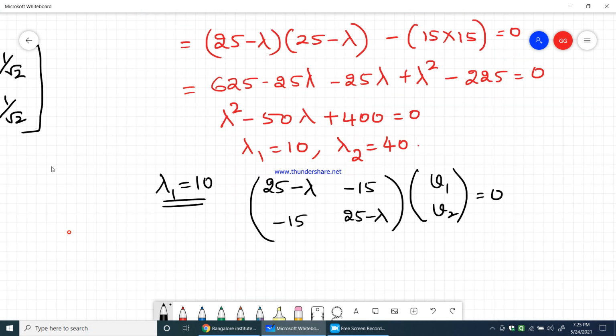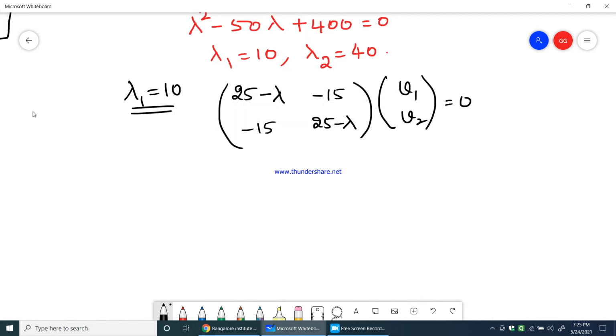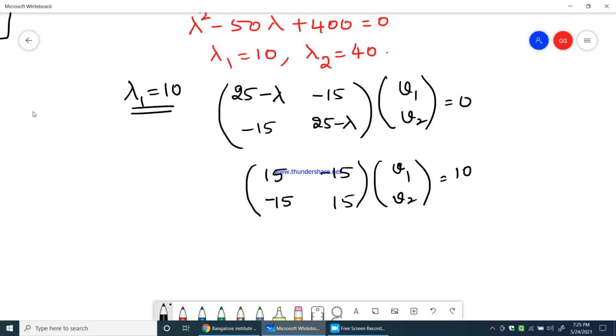Taking lambda 1 equals 10, 25 minus 10 is 15, minus 15, minus 15, again 15, multiplied by v1 v2 equals 0.